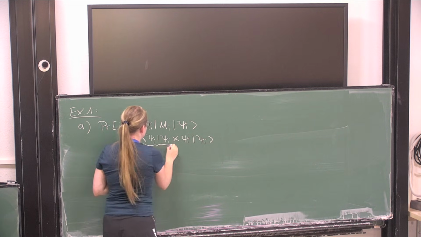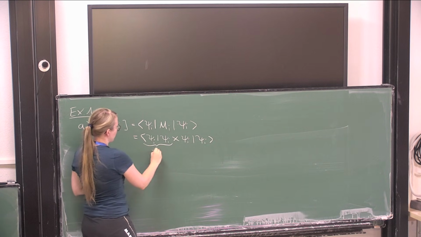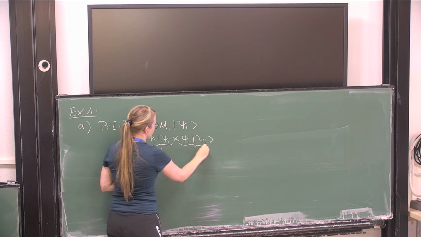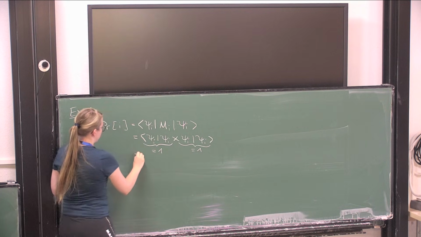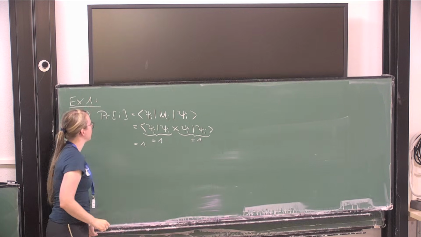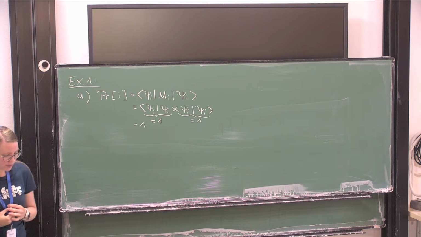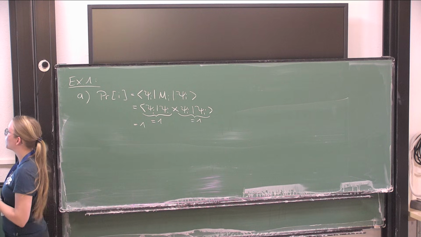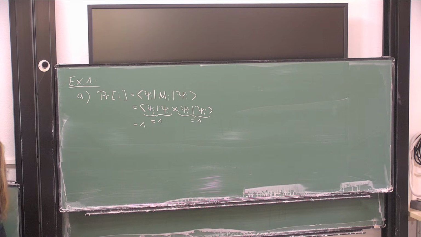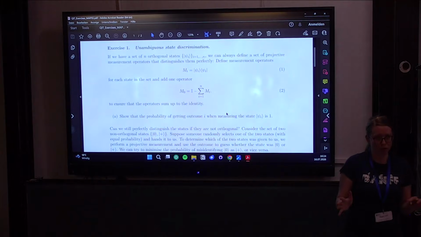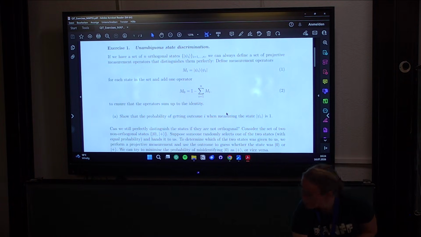It means the scalar product of them with themselves is equal to 1. Okay, so that shows that if I try to distinguish states from the set of orthogonal states, then with this measurement I can do it perfectly.